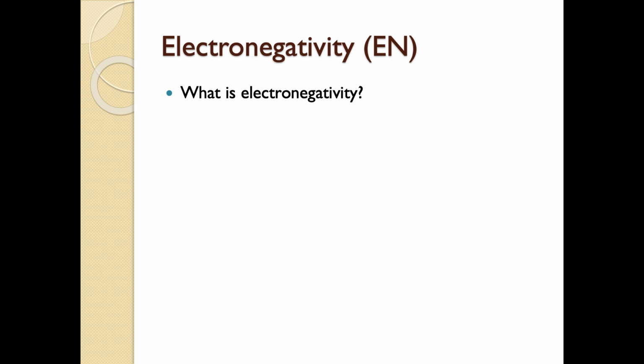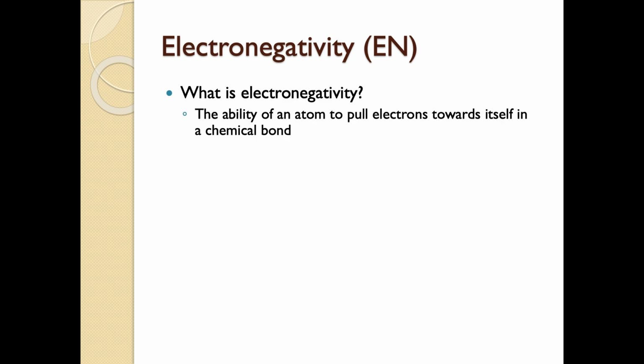And so this last one, electronegativity. Electronegativity is the ability of an atom to pull electrons towards itself in a chemical bond. So how that generally works: if two atoms are bound to one another through what's called a covalent bond in particular, your electrons are usually shared in that type of bond, but they're not necessarily going to be shared evenly.